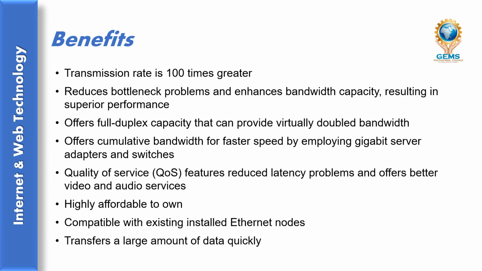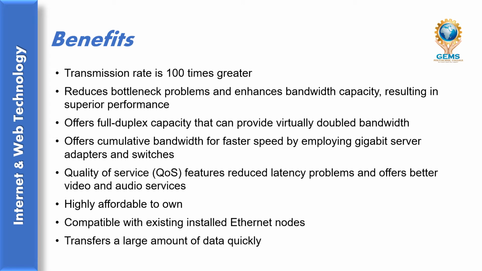Now the benefits of Gigabit Ethernet. The transmission rate is 100 times greater than basic Ethernet or Fast Ethernet. It reduces bottleneck problems and enhances bandwidth capacity, resulting in superior performance. It offers full duplex capacity that can provide virtually doubled bandwidth, and offers cumulative bandwidth for faster speed by employing gigabit server adapters and switches.